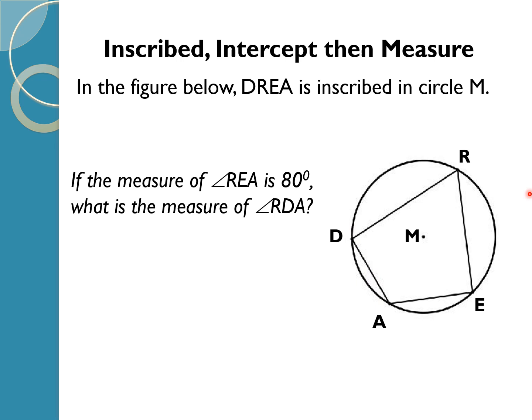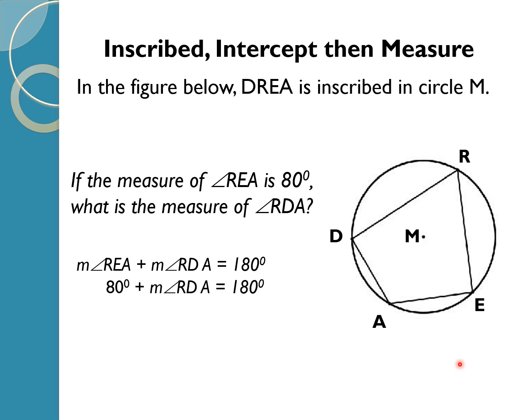So for the solution, angle REA plus angle RDA is equal to 180 degrees. We substitute the value of angle REA, which is 80 degrees, so the measure of angle REA plus the measure of angle RDA is equal to 180 degrees.